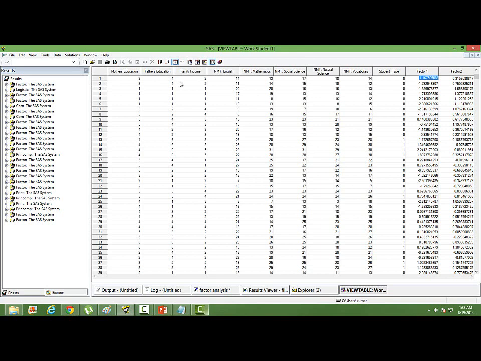So once we have the principal components in place, we need not use the variables. Instead, we can use the principal components directly in the model building exercises, and that's how we reduce the number of variables from 8 variables to only 2 components or 2 artificial variables.